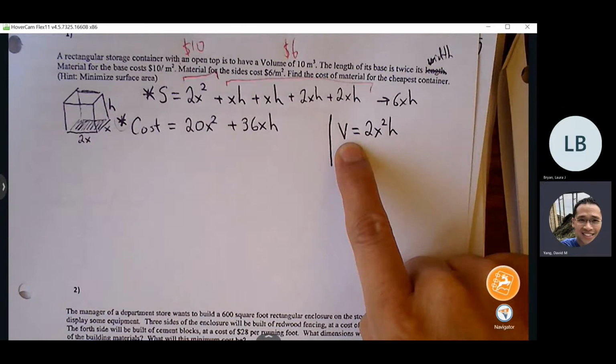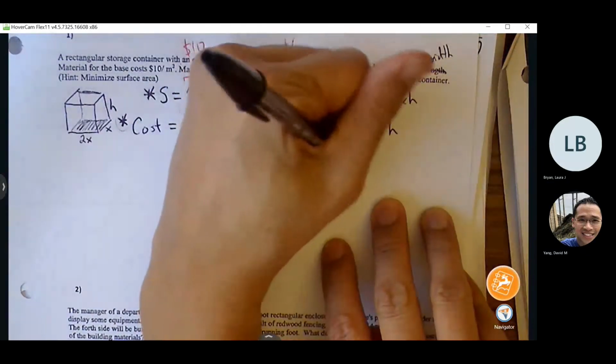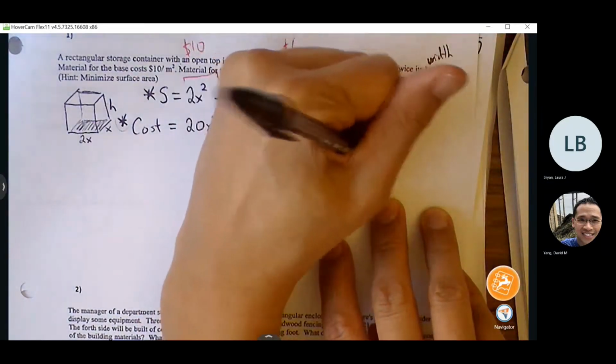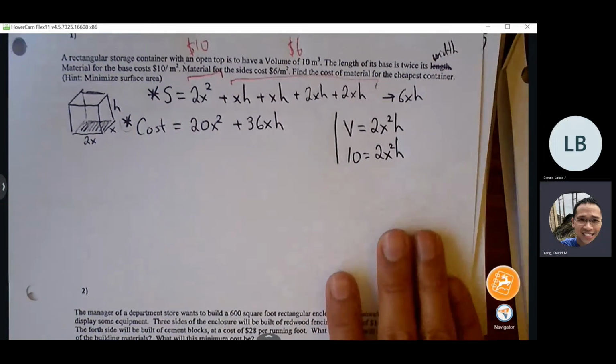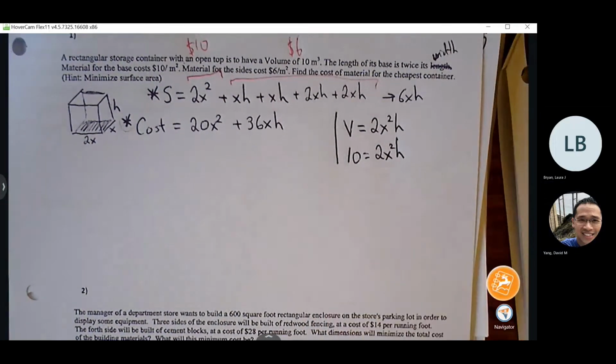We have 10. You see things beginning to come together here. What can we do next?